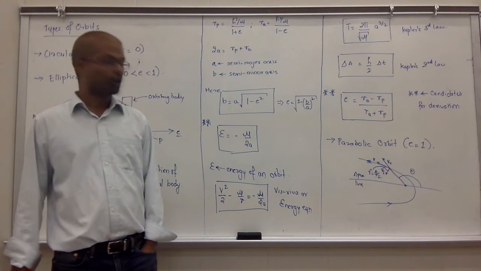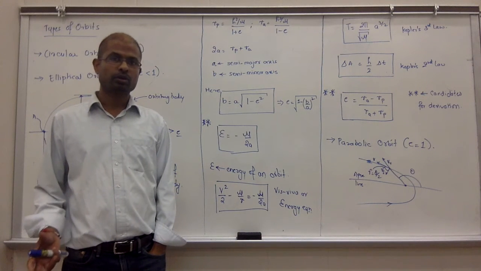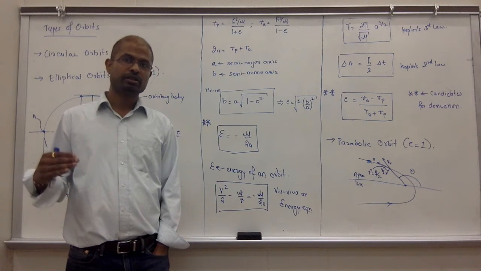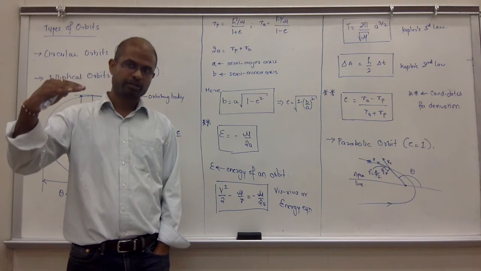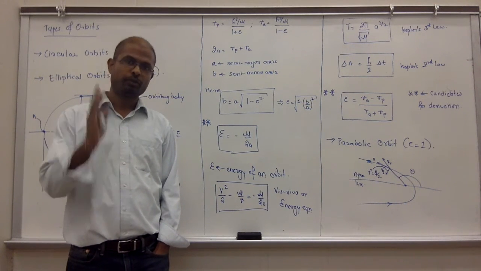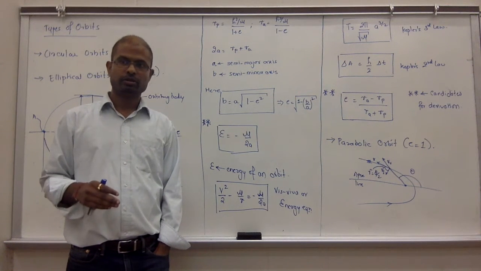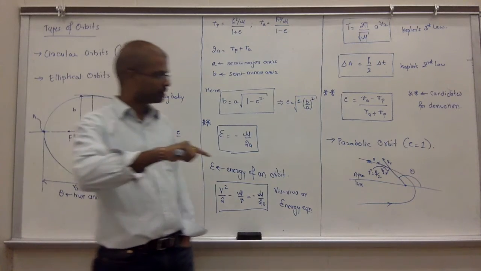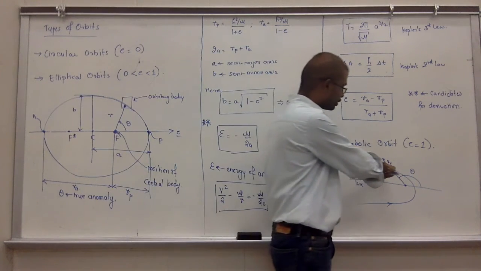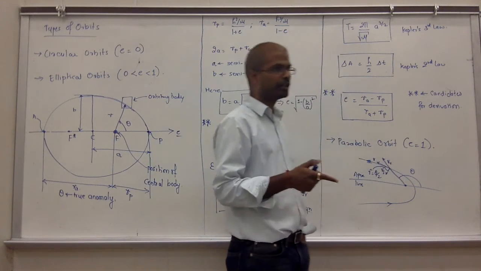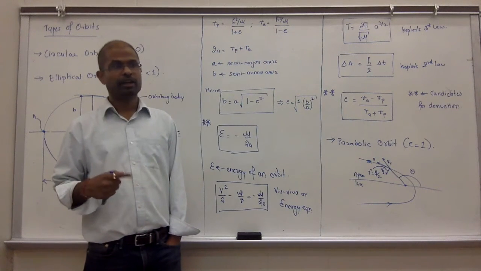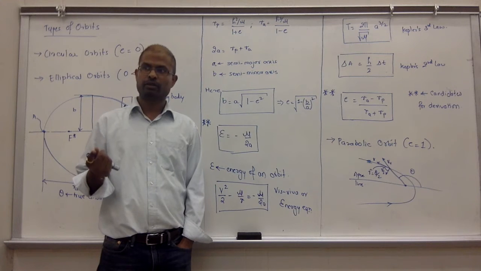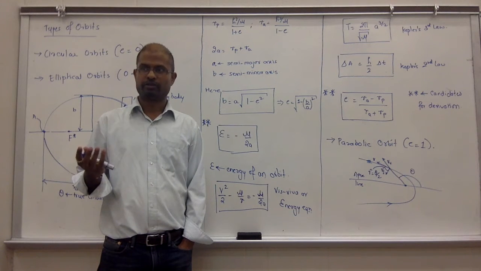So how do you exactly define the local horizontal? The local horizontal is the tangent at that point, and the perpendicular to that is the local vertical. The angle between the local vertical and the velocity direction is called the flight path angle. That is how flight path angle is defined, even for aircraft.